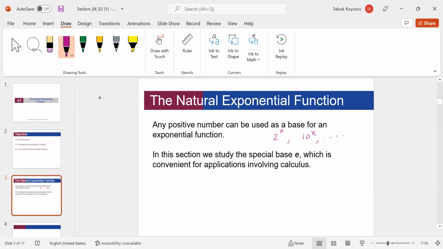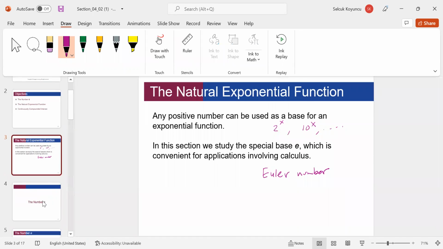But over here we're going to talk about a special base called e, because this number e comes from Euler, so it's an Euler number, and it has very important applications in calculus.